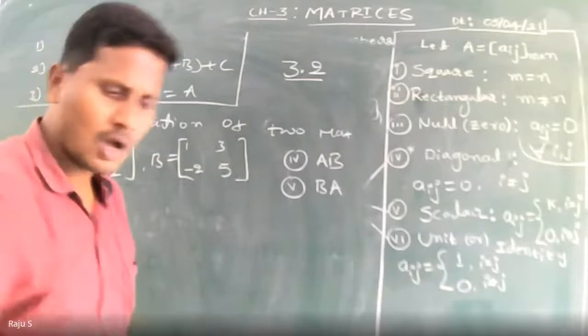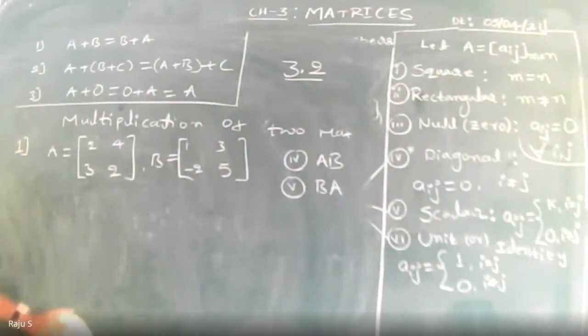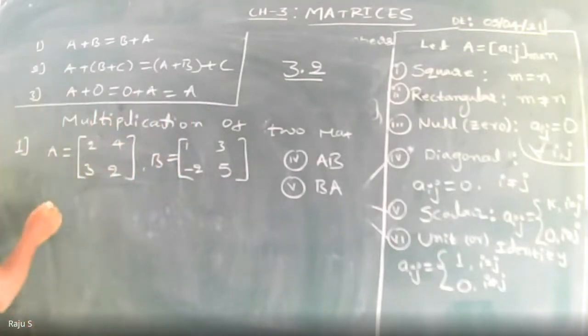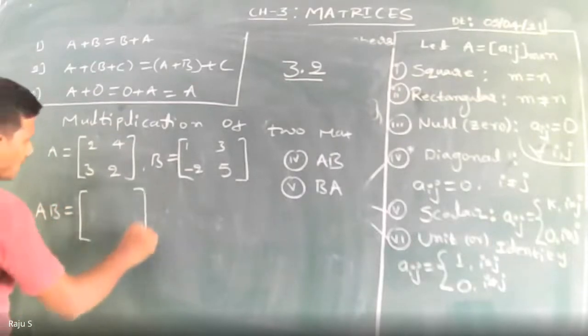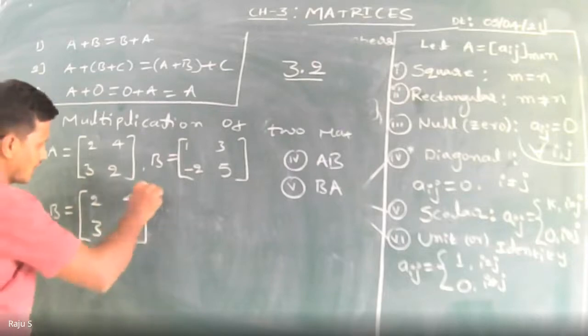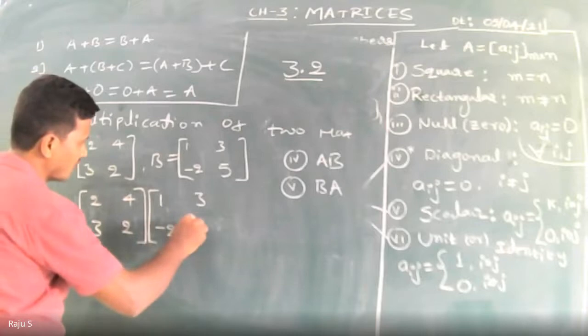You have to concentrate very carefully to do the multiplication of two matrices. So very simple, AB: matrix A, 2, 4, 3, 2, into 1, 3, minus 2, 5.